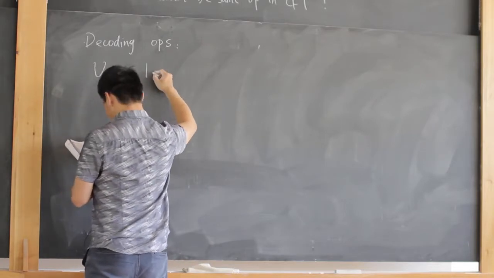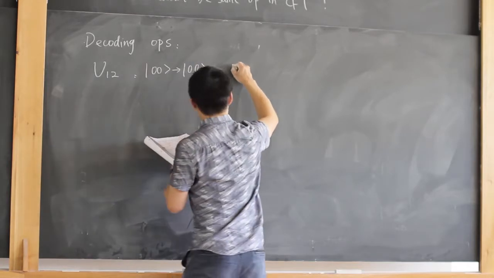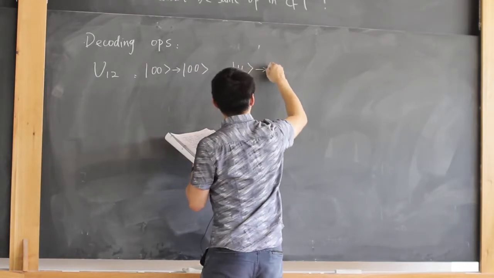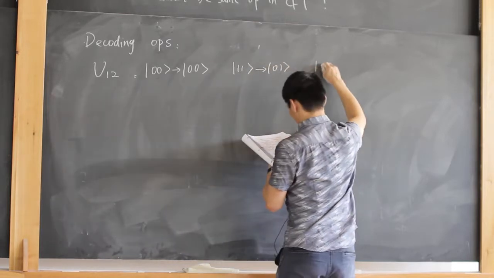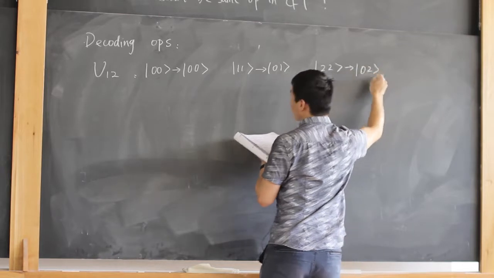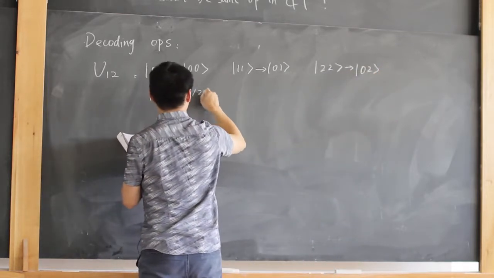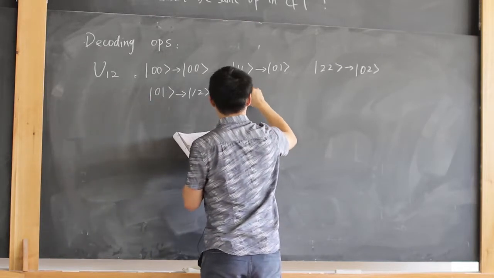And it can act in some particular ways by permuting all the basis states. So this is just one way of writing down what a unitary operator is.